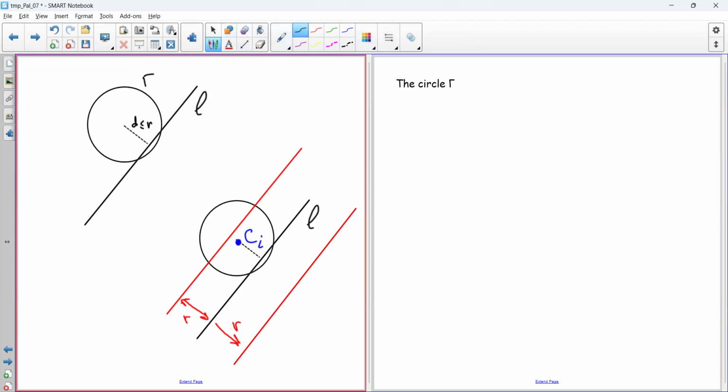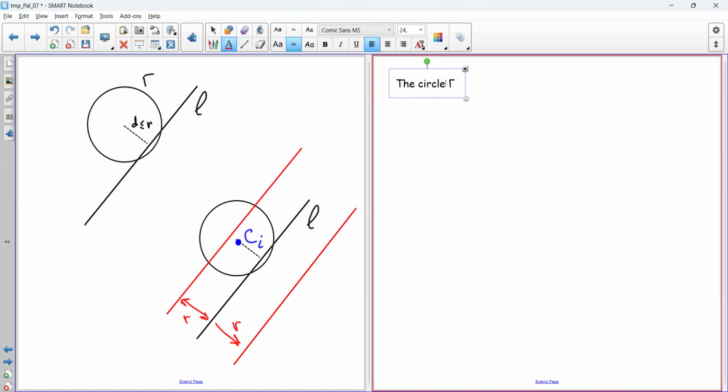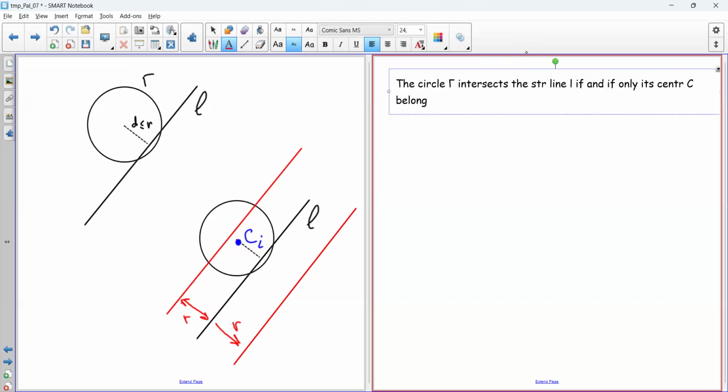The circle gamma intersects the straight line L if and only if its center C belongs to the r-neighborhood of L.